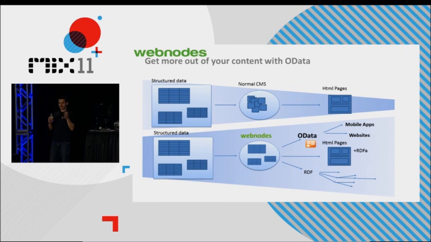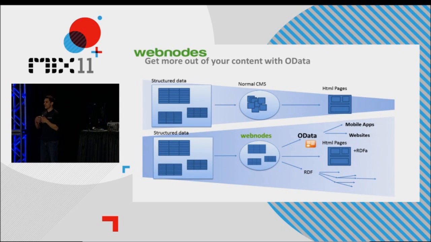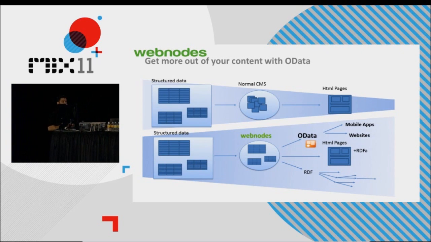That way, it's got the structure and the relationships of the data. It can project out your data as an HTML page, as an OData feed, as any other format. And they've integrated OData natively into their CMS so that you can easily get at all of your Webnodes data from a device, from an AJAX page, whatever. So I'm going to show you the Webnodes project in action.